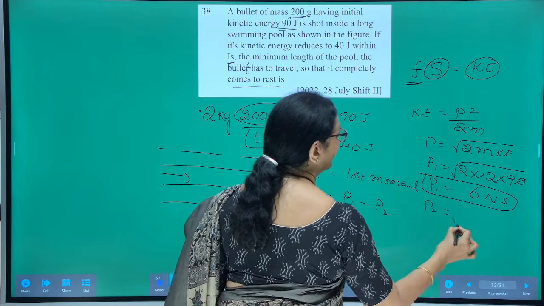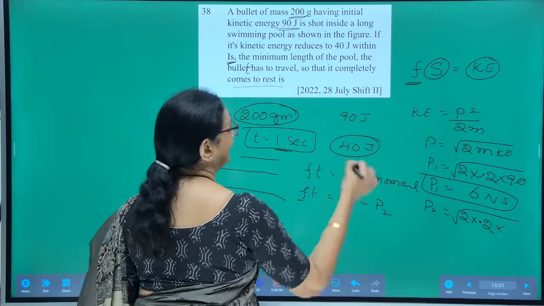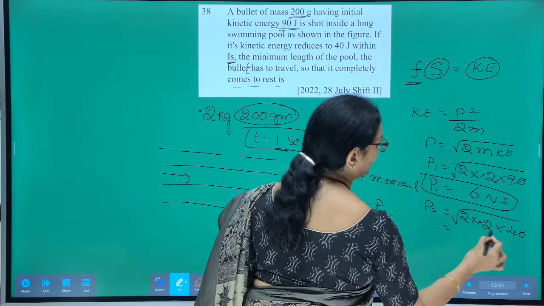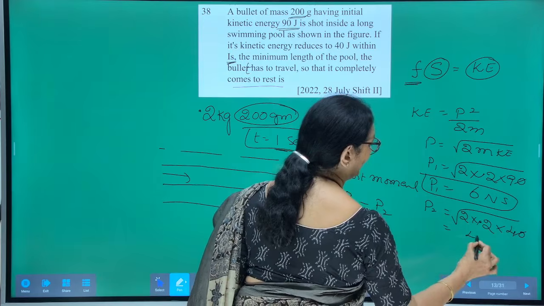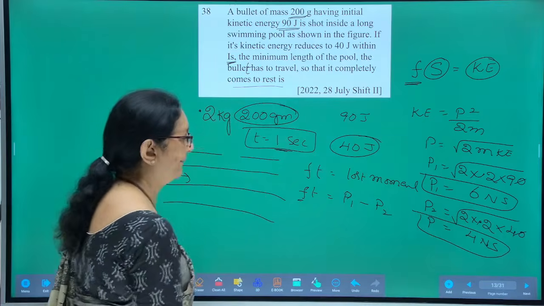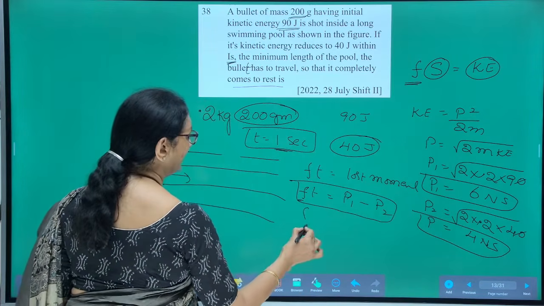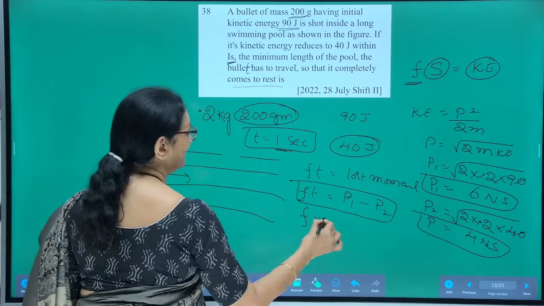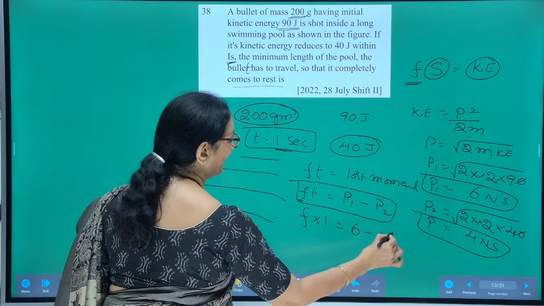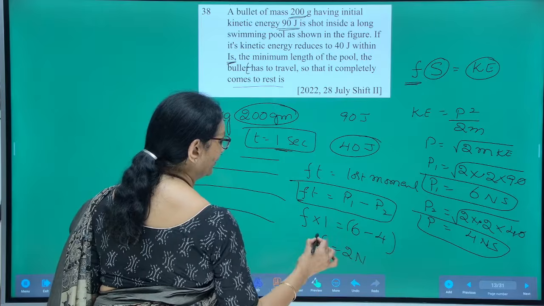Similarly, final momentum is square root of 2 m, final KE is 40. So, this is 16 under root, it is 4 newton second. This is the final momentum. Substituting those values in this expression, F into time, which is 1 second, is P1 minus P2. So, F is equal to 6 minus 4, 2 newton.